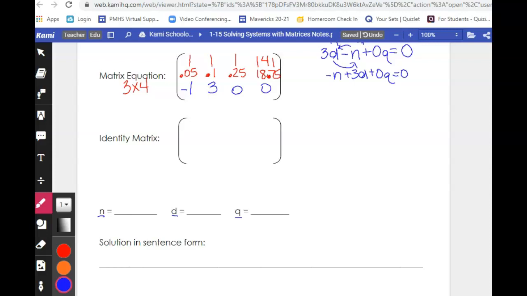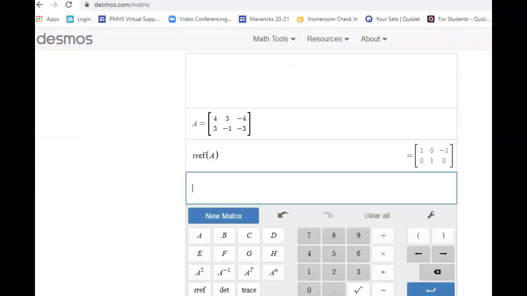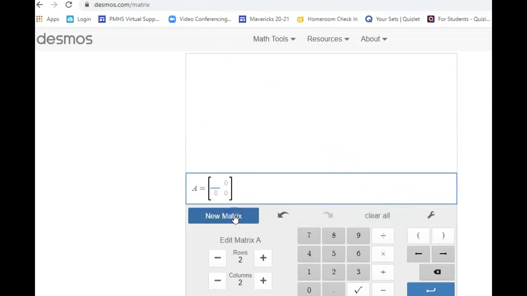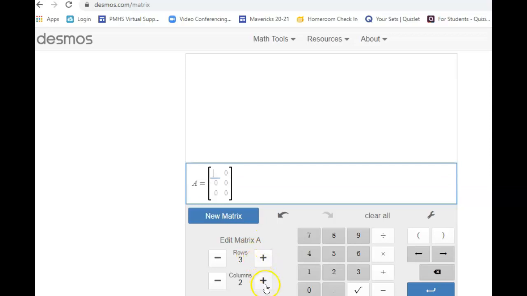I'm going to go into desmos.com/matrix. I'm going to clear everything that's there. I'm going to add a new matrix. The matrix that I want for this problem is not 2 by 2. It's 3 by 4. So I'm going to increase my rows and my columns. I'm going to type in my coefficients and constants.